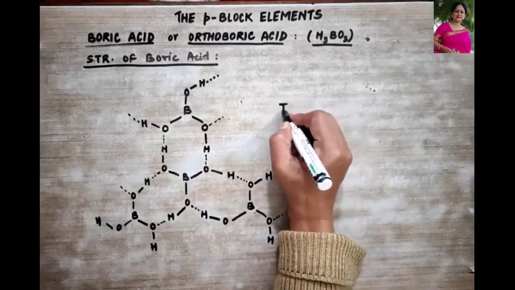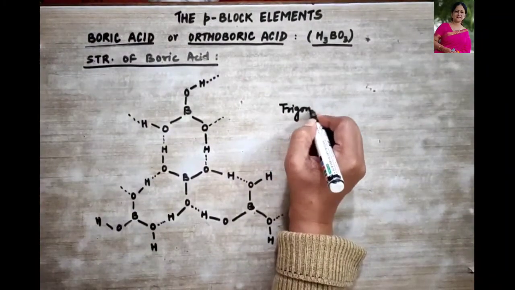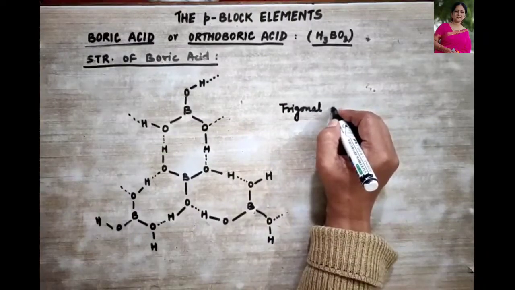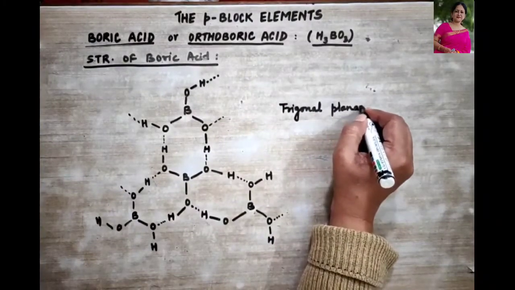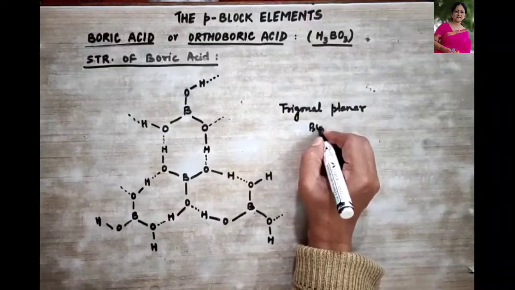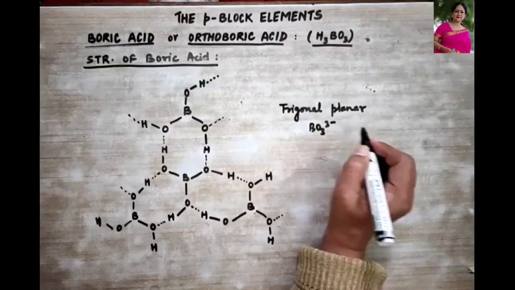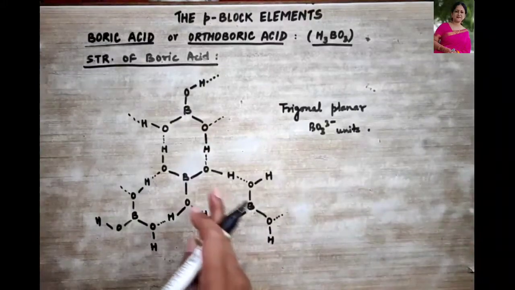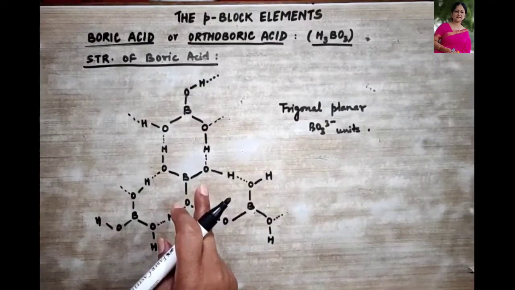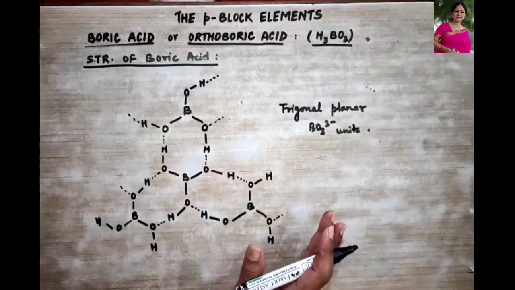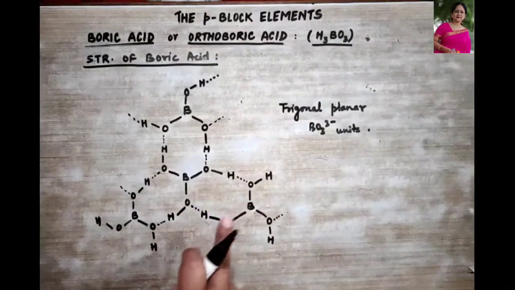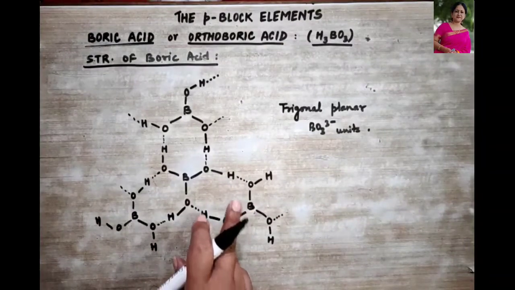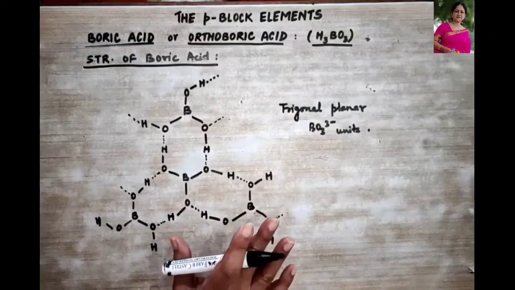It shows a trigonal planar structure of BO3 3 minus units. They are joined by hydrogen bonds to give a layered structure. Wherever you see the dotted lines, they represent the hydrogen bond.